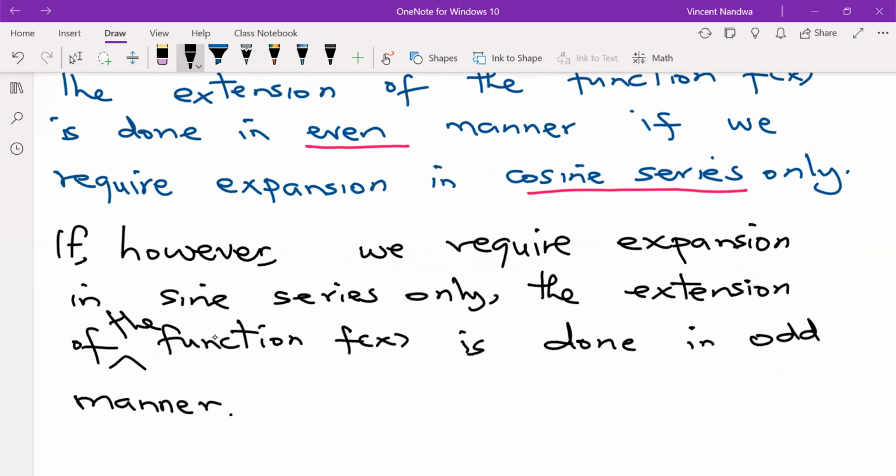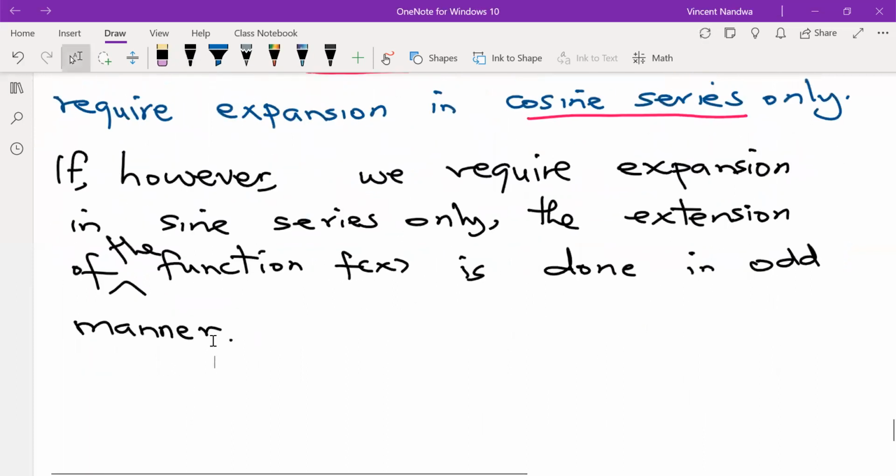So then the extended function can result either in a Fourier sine series expansion or in a Fourier cosine series expansion.